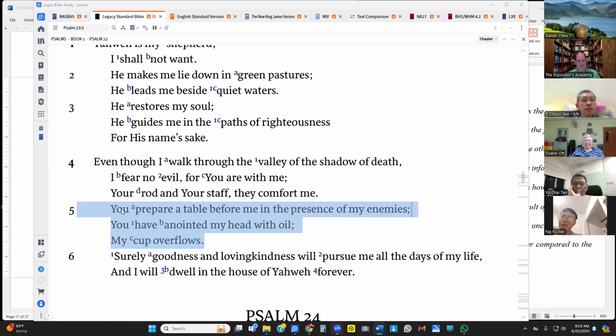And I think here, notice that this table is a different image that's communicating the same idea, but in a different way. The whole psalm is really about, like Dwayne just said, God's care, his provision, his protection, his presence, like a shepherd with his sheep. But then in verse 5, to convey this idea of protection and security and care, he gives a different image, of a table, a banquet almost, where the enemies are there, but he's being exalted in their presence.